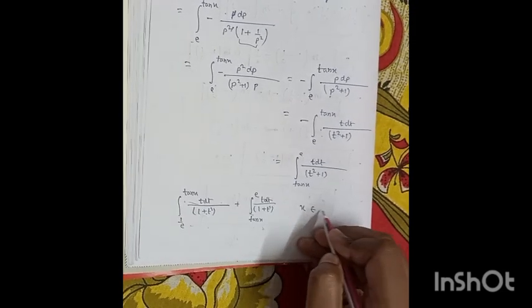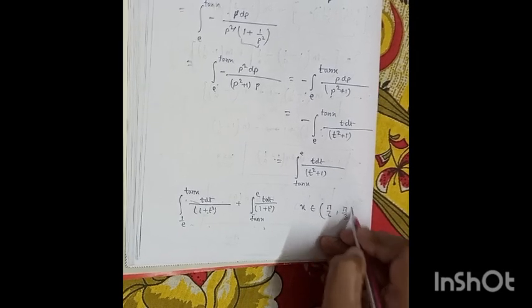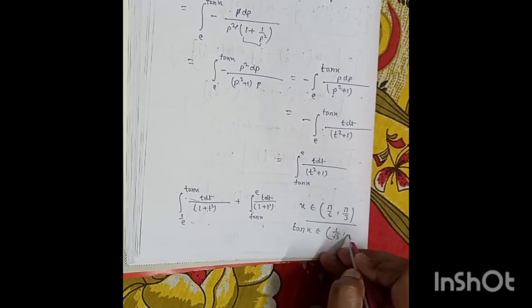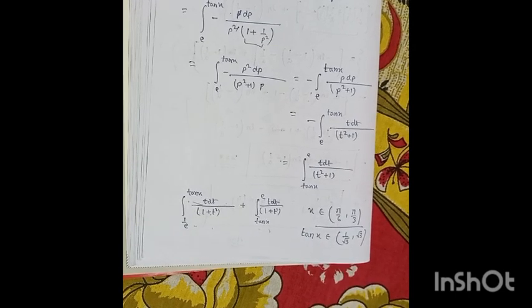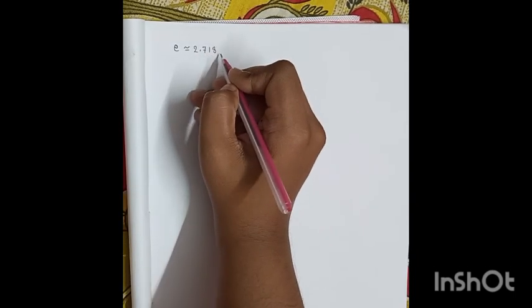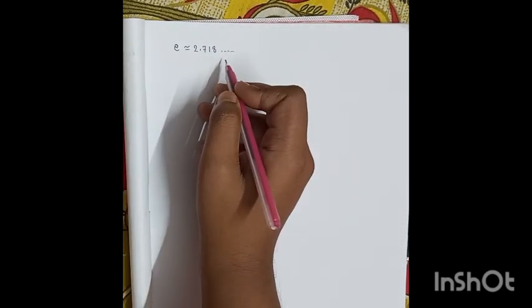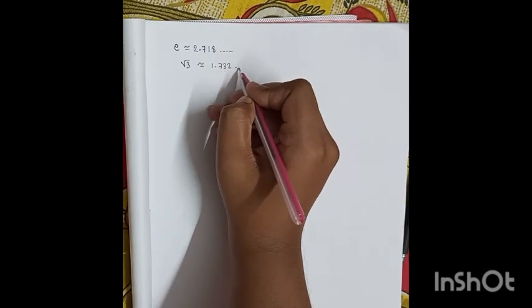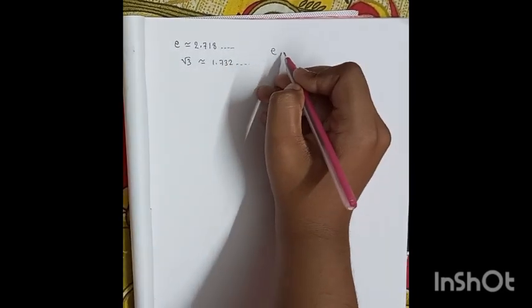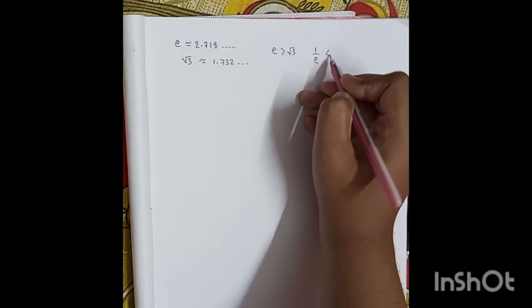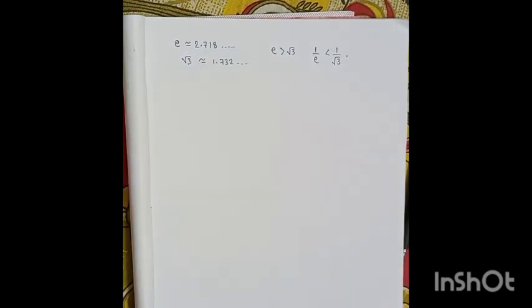So let us check. x belongs to the open interval pi by 6 to pi by 3. As a result, tan x belongs to the open interval 1 by root 3 to root 3. Now we know e is nearly equal to 2.718, an irrational number, and root 3 is nearly equal to 1.732, again an irrational number. So e is greater than root 3, so we can say 1 by e is less than 1 by root 3.